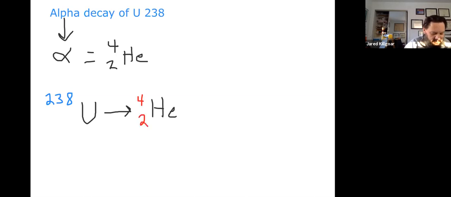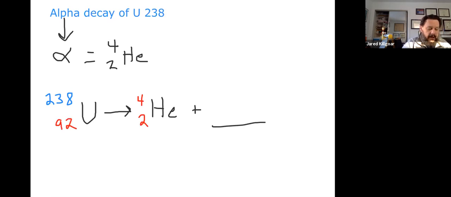It's alpha decay because it's breaking apart into something else. So we have to figure out what's left over after I give that up. First thing I do, I take a look at the atomic number of uranium on the periodic table. I looked that up, and that is 92.